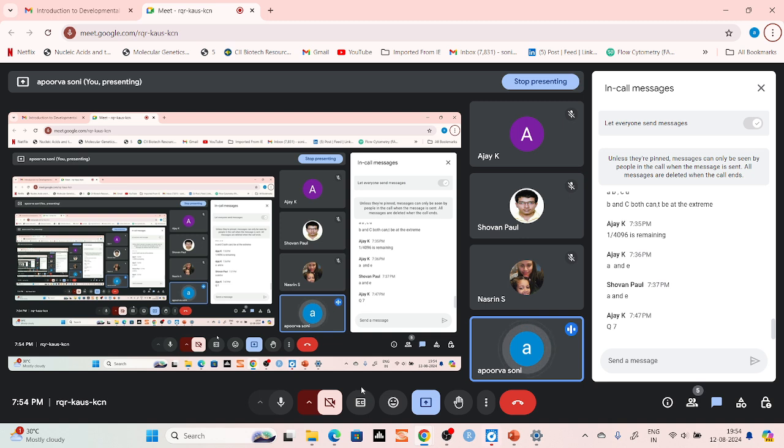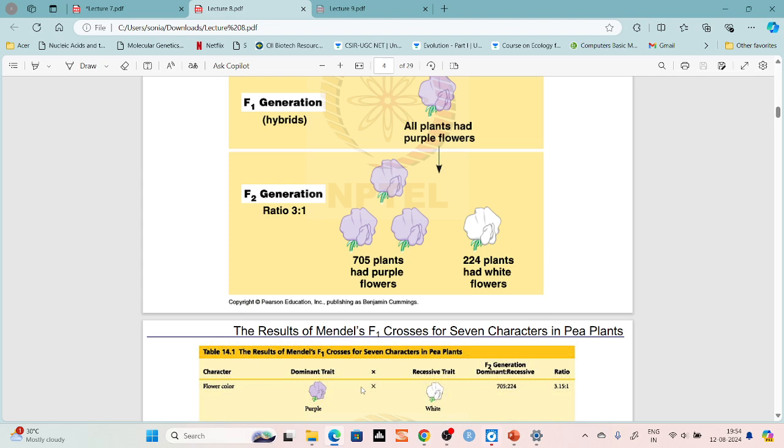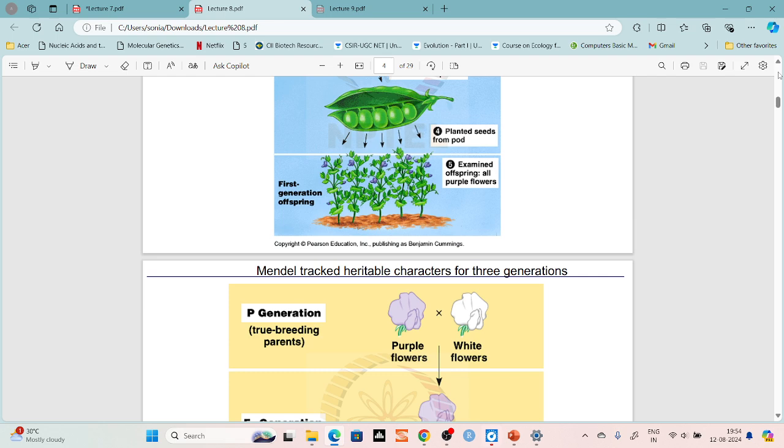Okay, so law of segregation says that if a gene is encoded by two alleles, then during the gametogenesis process, these are segregated independently. Those genes are segregated independent of each other. Each gamete receives only a single allele.